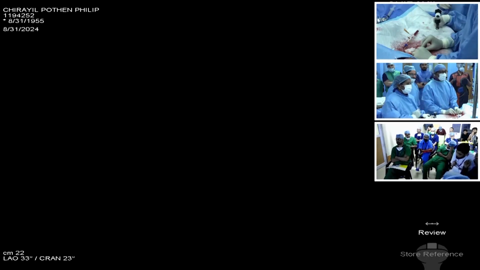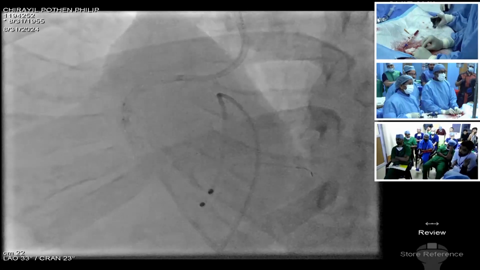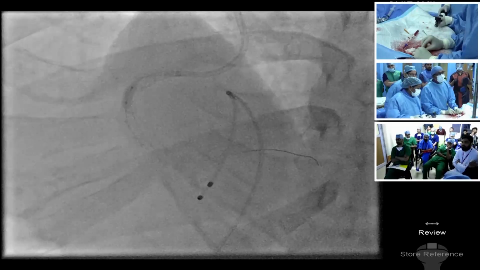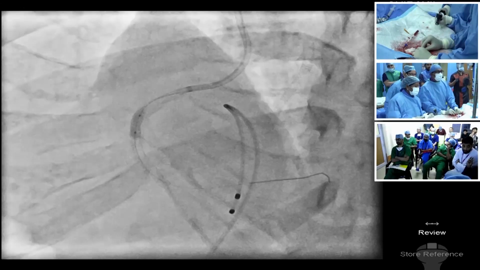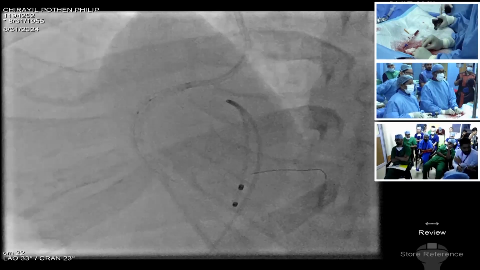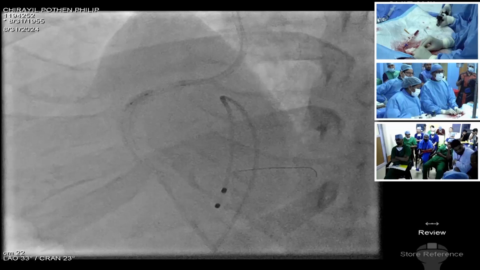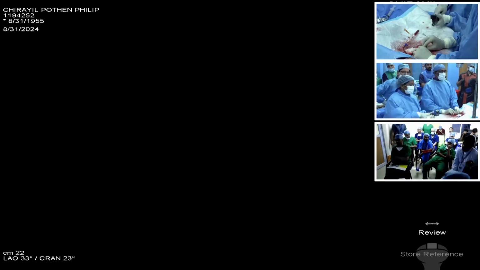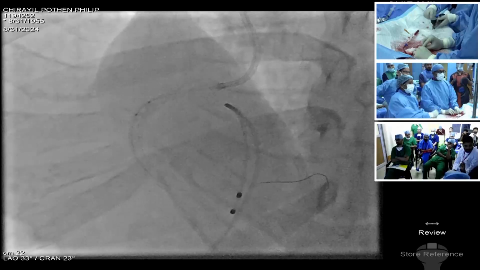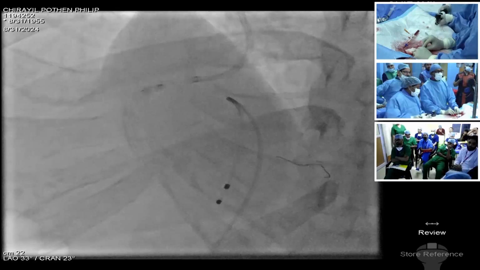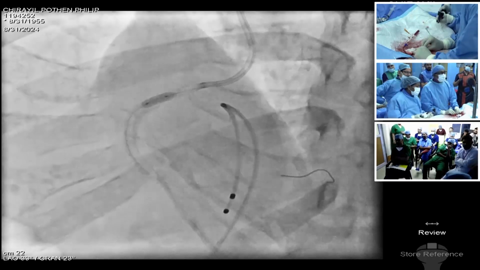Negative. 18, 20. Negative. 18, 20. Overlap segment. Negative. 20. Negative.